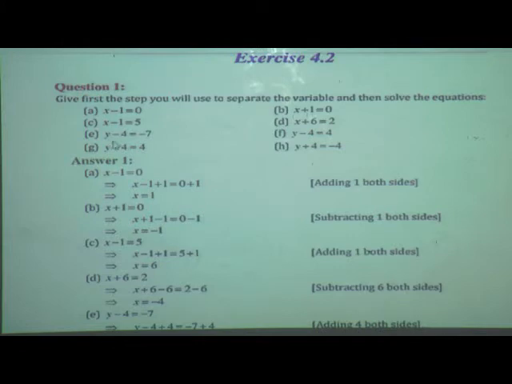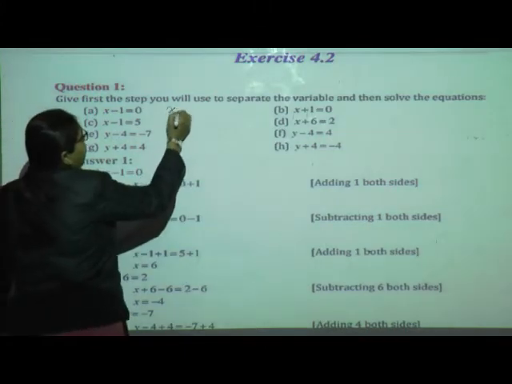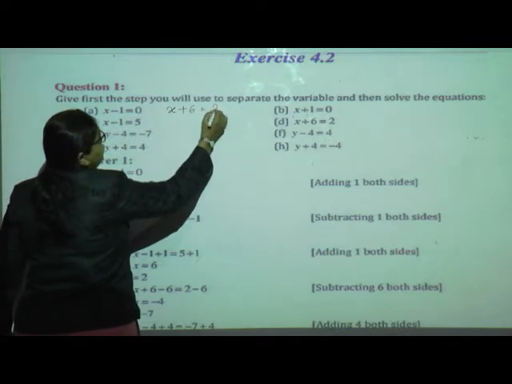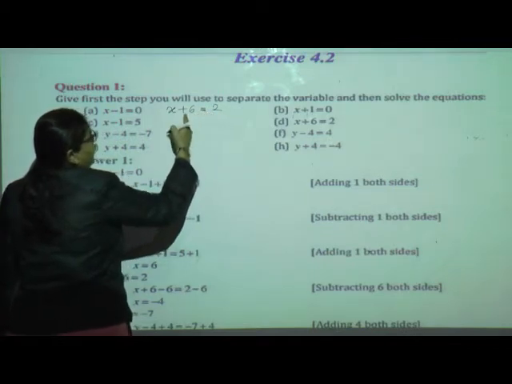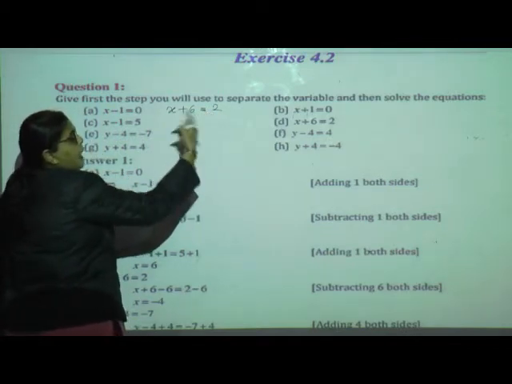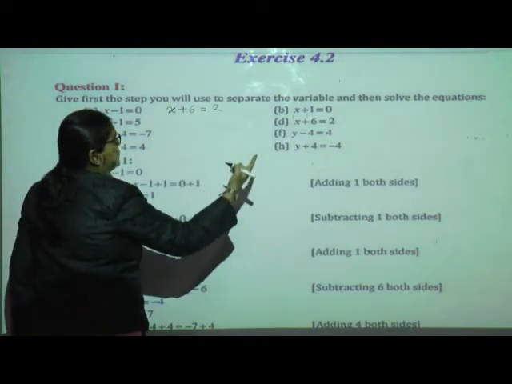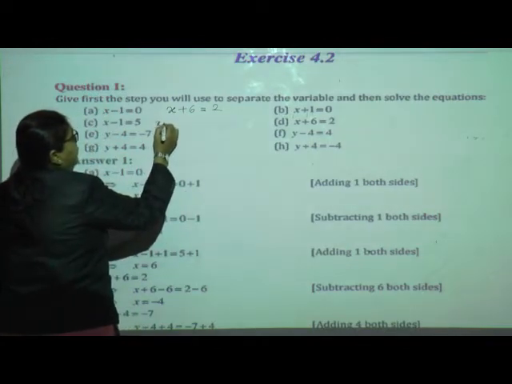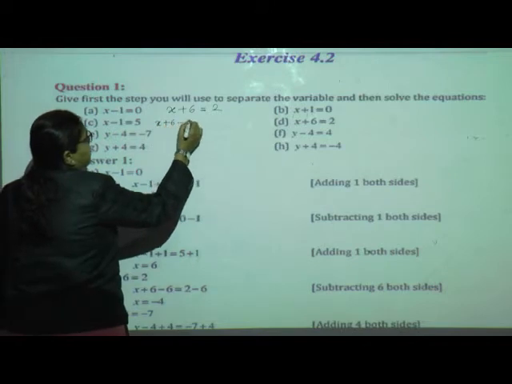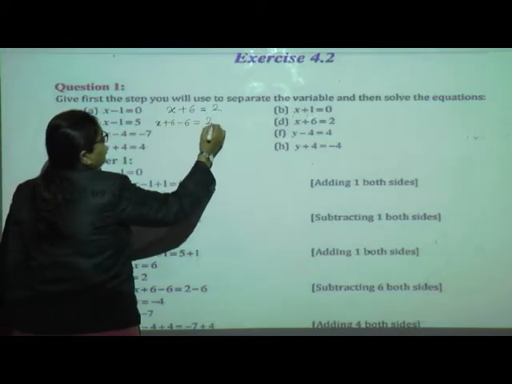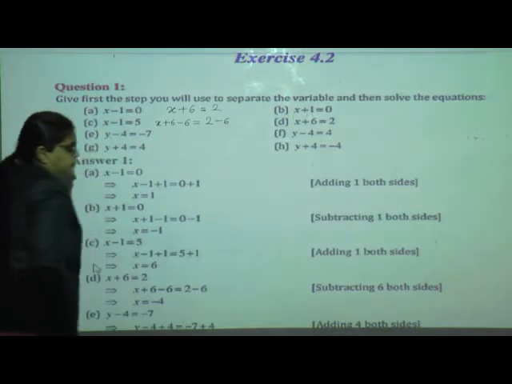We will see some 2-3 examples and you will try to solve the remaining ones. So we will see one more example. Example D1, that is x plus 6 is equal to 2. What should I do? Here I am having plus 6, so I have to subtract 6. So x plus 6 minus 6 is equal to 2 minus 6.